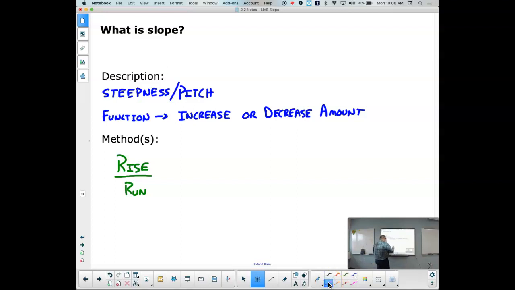We can look at y equals mx plus b, and in that, we can determine that the slope is the coefficient of our x term. M is slope, okay?